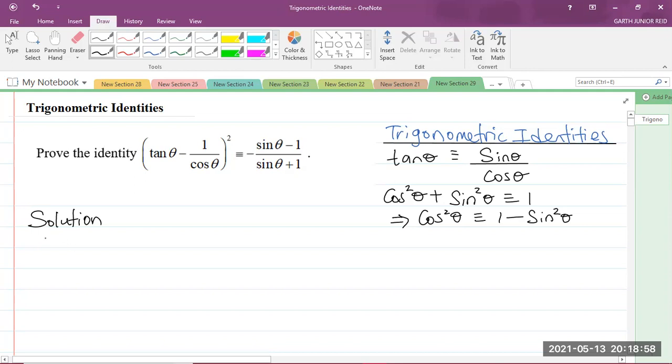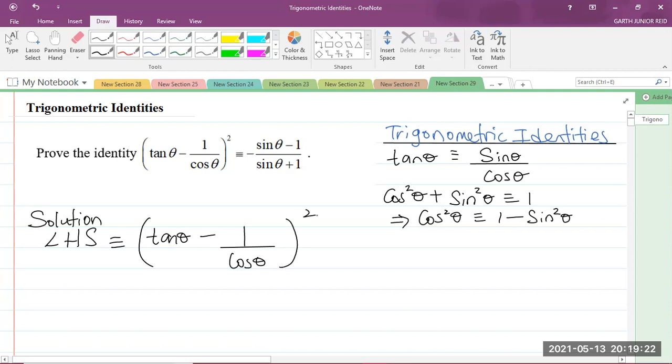So we have our solution. The left-hand side of the identity is tan theta minus 1 divided by cos theta, and we're squaring that expression.